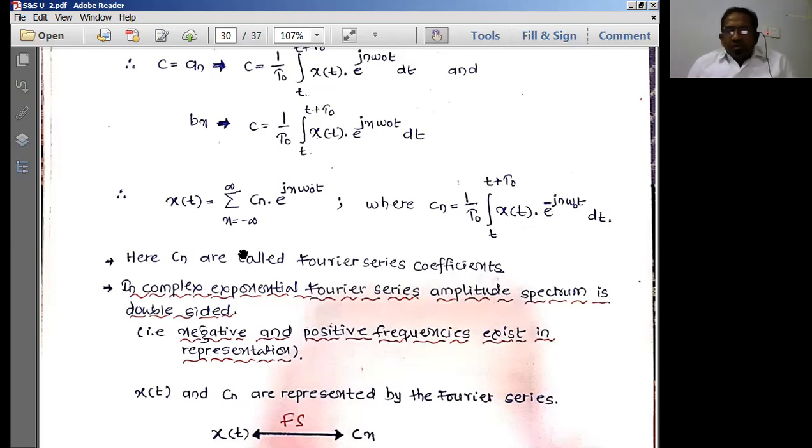There we represented with three different terms. Here we are representing with only a single term. That is the compression we achieve in this case, where Cn, which is the coefficient of this exponential notation, is represented as 1 by T naught integral of x of t e power minus j n omega naught t dt. That is the representation we can have for Cn.